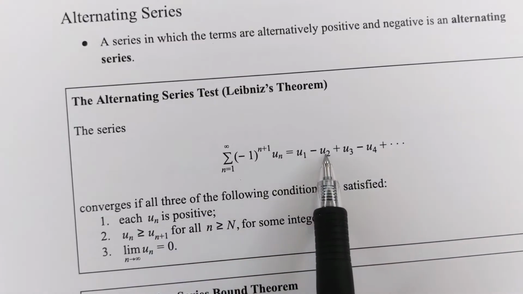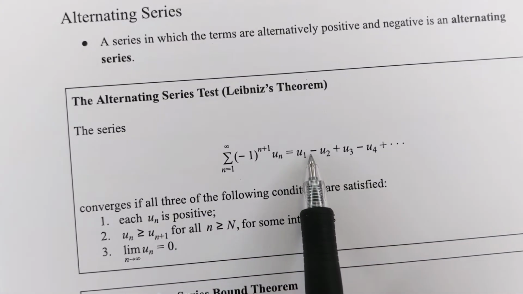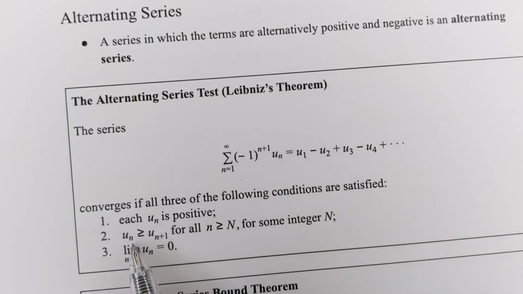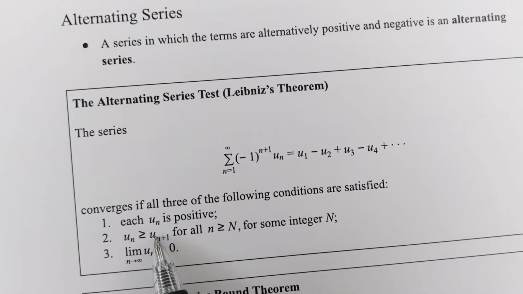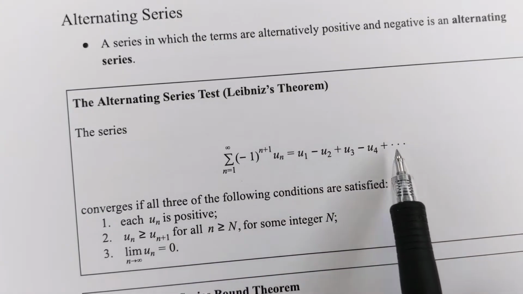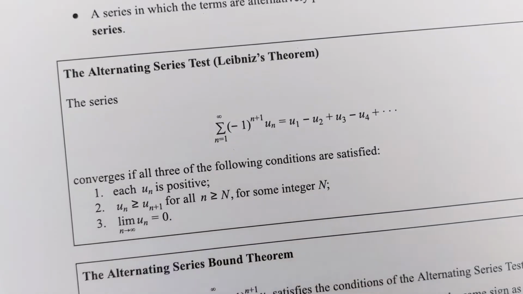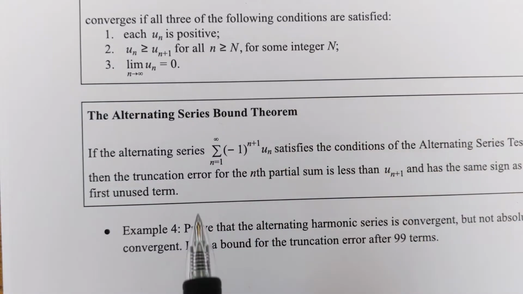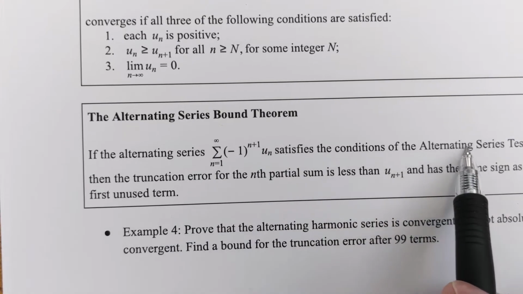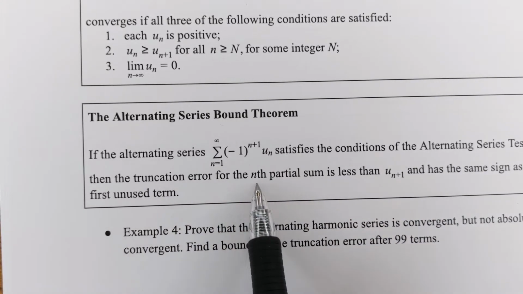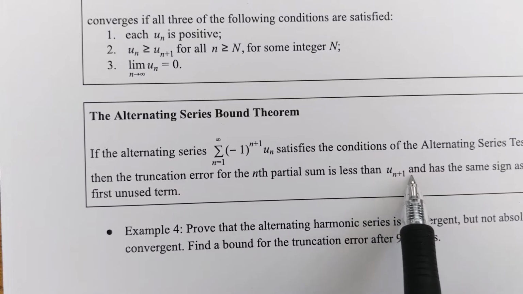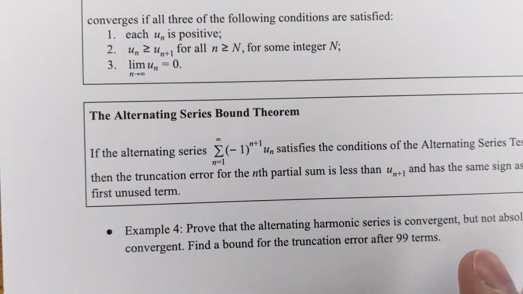Each term is positive, so you're ignoring the signs in front of them. Each term is greater than or equal to the following term, which means they get smaller as you go, and the limit of the terms reaches 0. The alternating series bound theorem: if the series satisfies the conditions of the alternating series test, the truncation error of the nth partial sum is less than u n plus 1 and has the same sign as the first unused term.